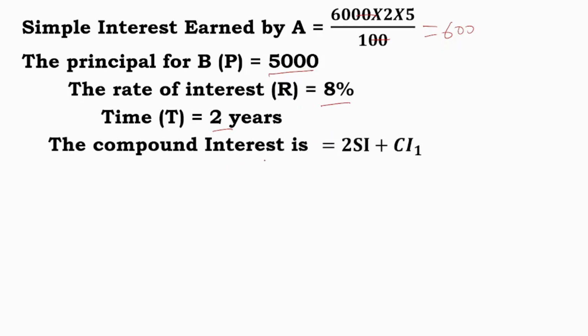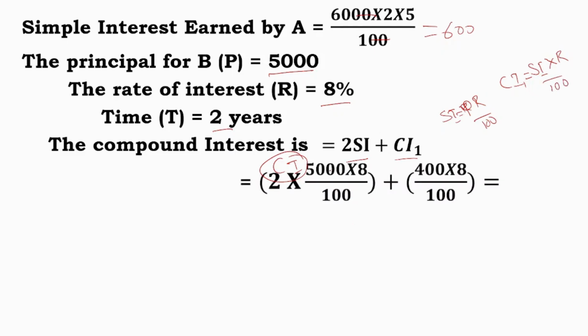For this, the compound interest CI equal to 2 into SI plus CI1. You know that SI is P into R by 100 and CI1 is SI into R by 100. So now we implement this. P, that is 5,000 into 8 by 100.